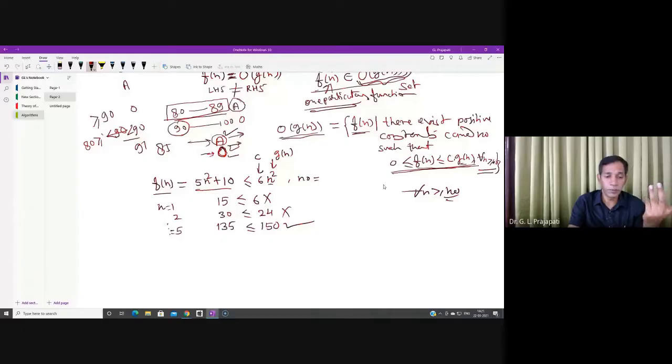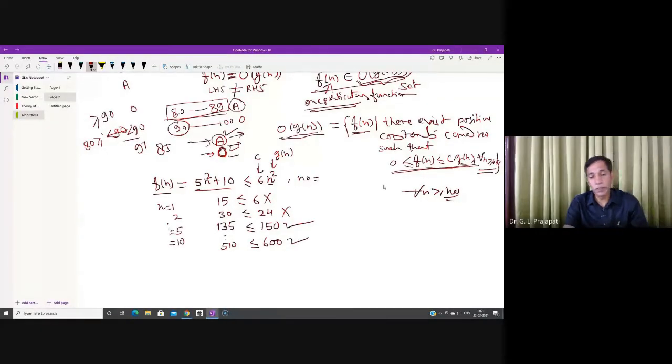Now if you try more values, say n is equal to 10, then see what happens. n squared means 100, multiplied by 5, 500 plus 10, so here you will have 510. And here how much? n is 10, 100, and 100 multiplied by 6 means 600.